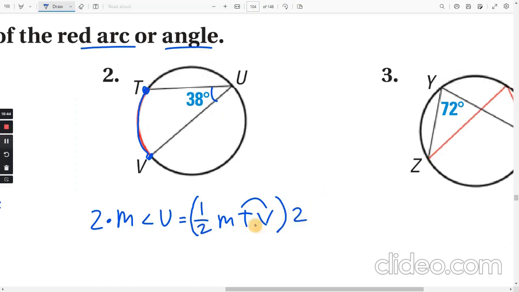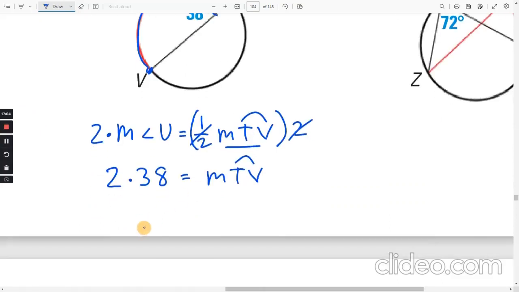And 2 times 1/2 just cancels. So 2 times the measure of angle U is going to be 2 times 38. And that's going to equal the measure of arc TV. And of course 2 times 38 is just going to be 76 degrees.